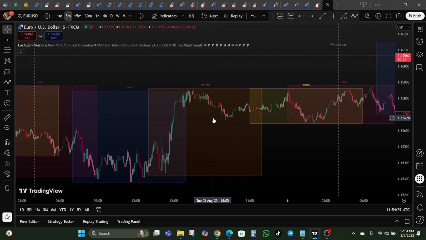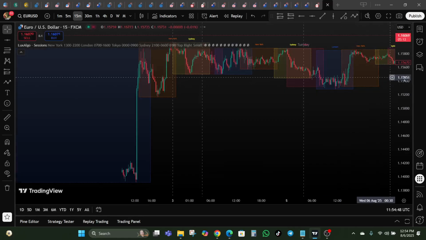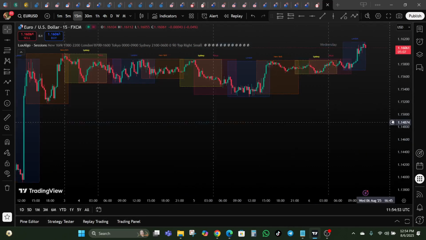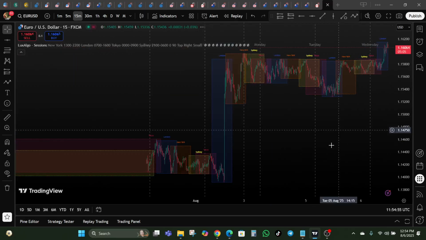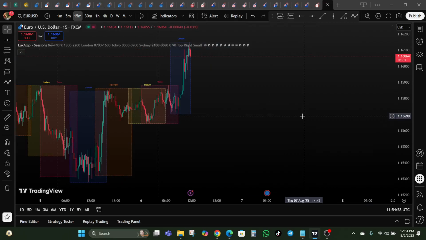So what happens is, once the candle closes, you take the high and the low of the first 15-minute candle after market open. So we go to the 15-minute time frame, and this is Tuesday, this is Wednesday. You can see the different days, Monday, Tuesday, Wednesday.